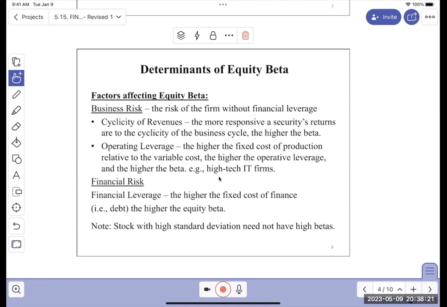And then all I'm going to do is consider a firm that's not just all equity financed, that is also financed by debt. So I want to talk about how that changes our estimate of the cost of equity to the cost of capital, and in particular to the weighted average cost of capital.